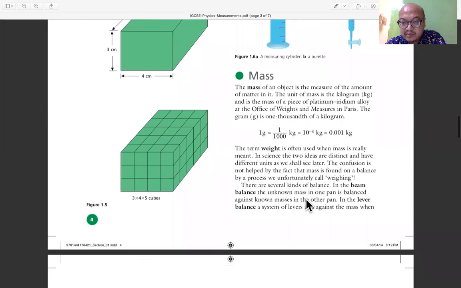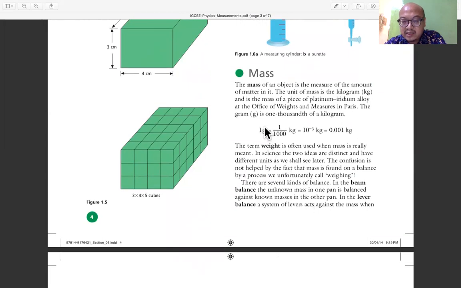Okay, and mass: 1 kilogram equals 1,000 grams, so 1 gram equals 1/1000 kilogram. 1/1000 is 10 to the power of minus 3, so 1 gram is 10 to the power of minus 3 kilogram, which means 0.001 kilogram.